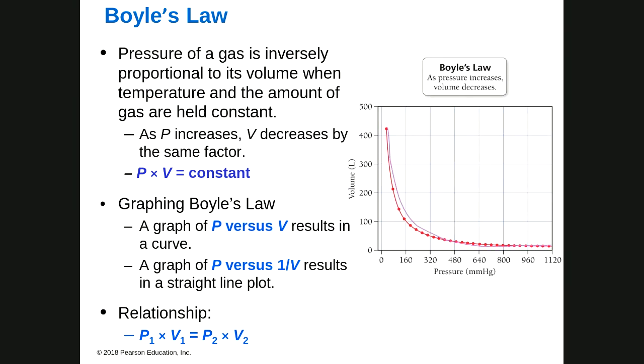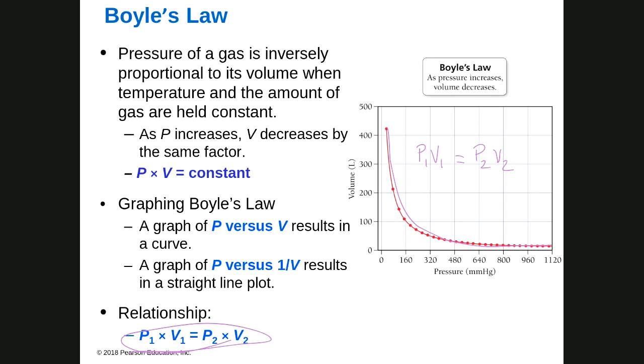And what it gives us is this very important relationship, and that is, if I have a certain parameter set up where I have a pressure and a volume, if I change one of those, the other one is going to change so that those are constant.